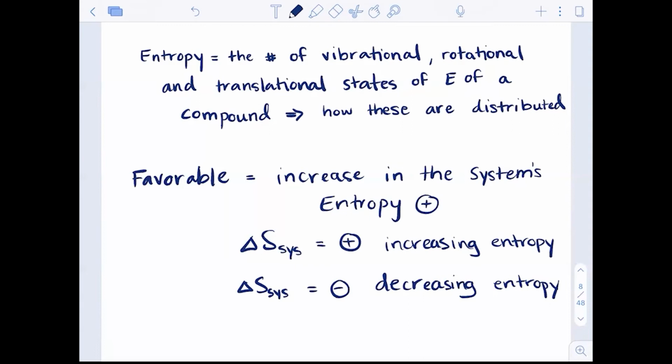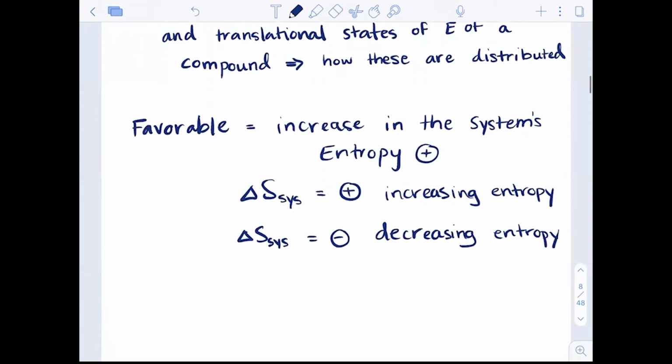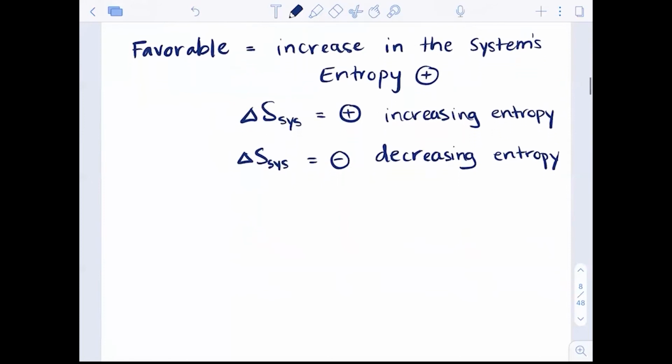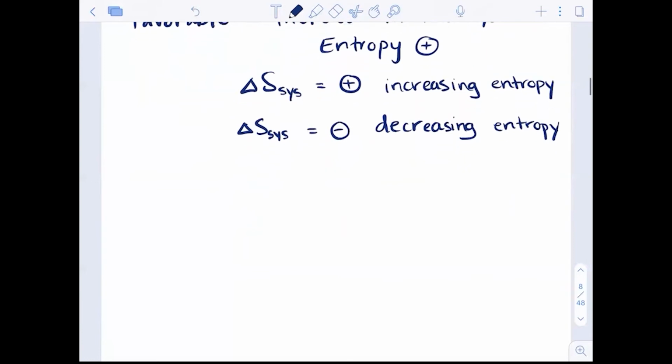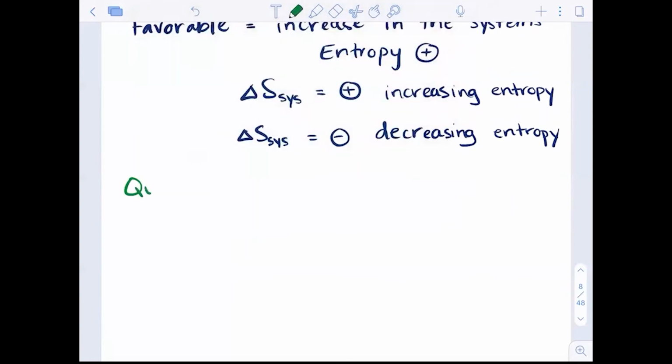So when we're looking at entropy, one thing that I definitely want to say is, how can we qualitatively look at entropy? And that's the key. It's going to be a qualitative look at entropy. We won't have numbers associated with it.